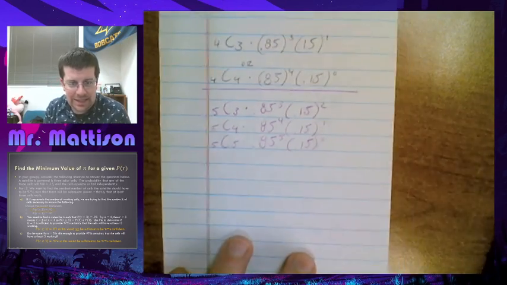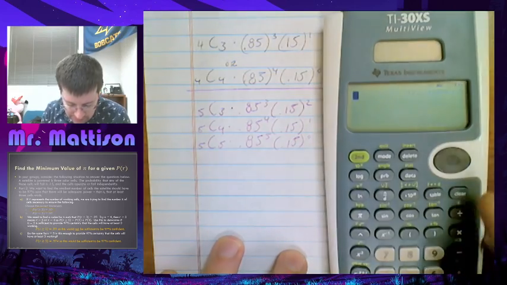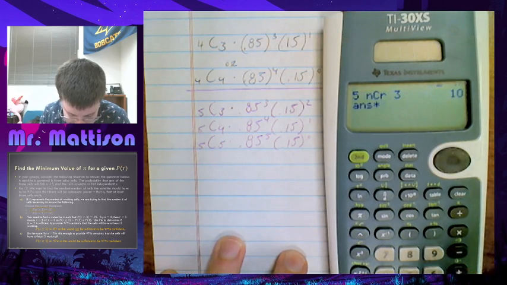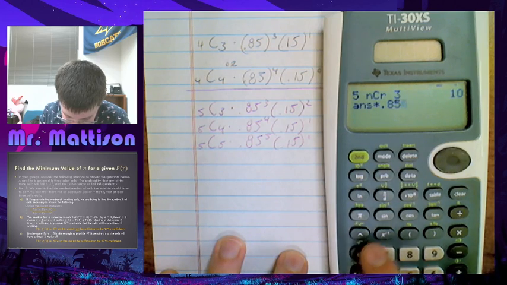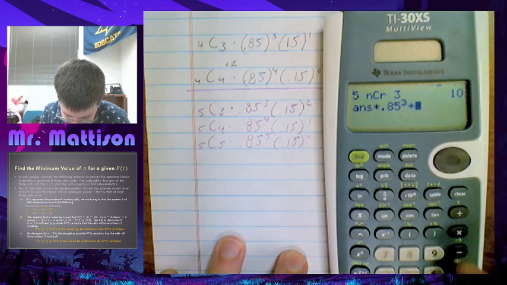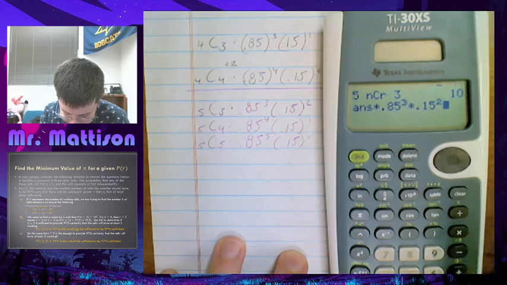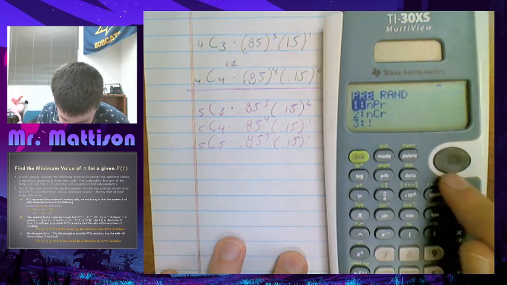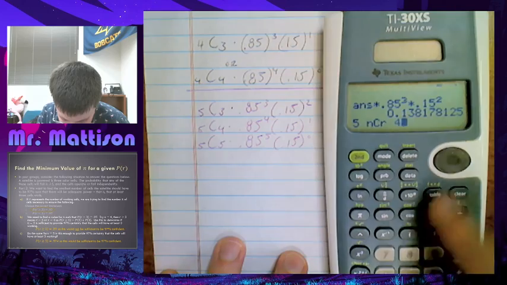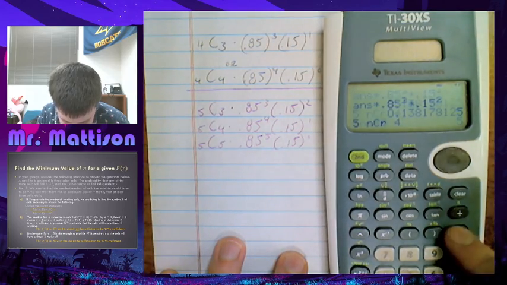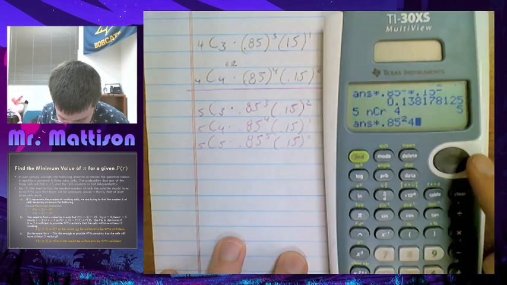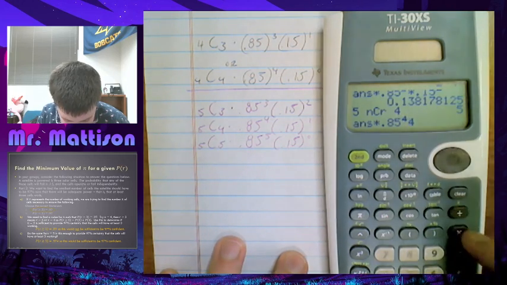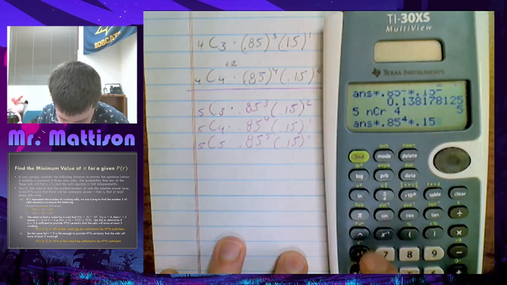So let's see if this is enough for us here. 5 combination 3 times 0.85 to the third times 0.15 to the second, I get that. And then 5 combination 4 times 0.85 to the fourth times 0.15 to the first power, which is just 0.15.